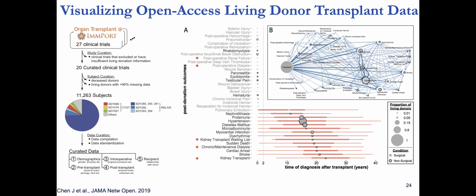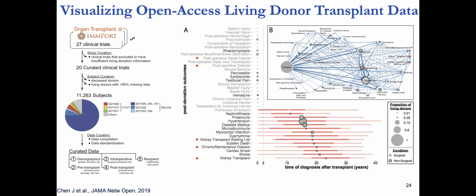All the data was available in ImmPort in the form of survey questionnaires, which helped us build this trajectory analysis. As you can see, some complications like hypertension and some other secondary complications showed up. So this is all based on data.